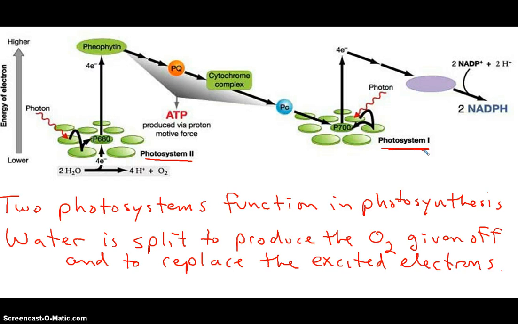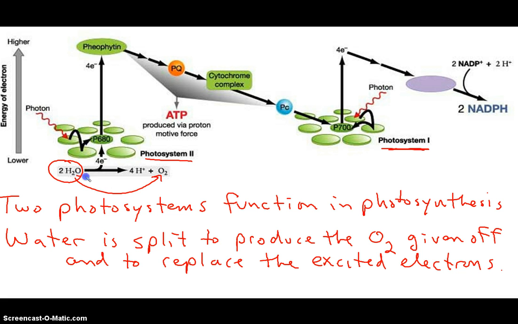But what happens is, if we start here on the left at photosystem 2, water is split to produce the oxygen given off and to replace the excited electrons. So this is why photosynthesis needs water. We're going to split that water, and we're going to use it to give off the oxygen that plants give off. That's what humans and animals will breathe in.